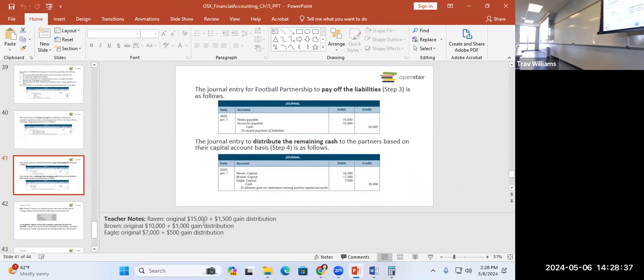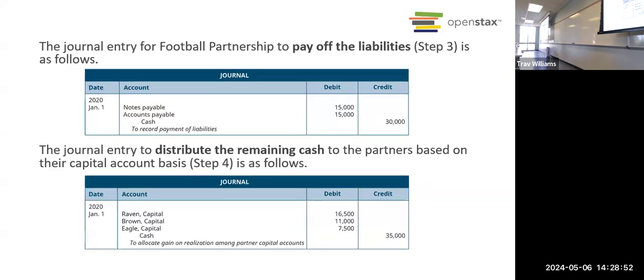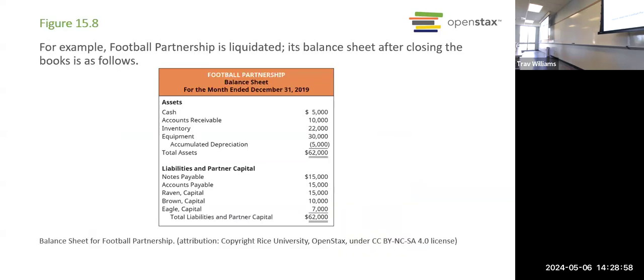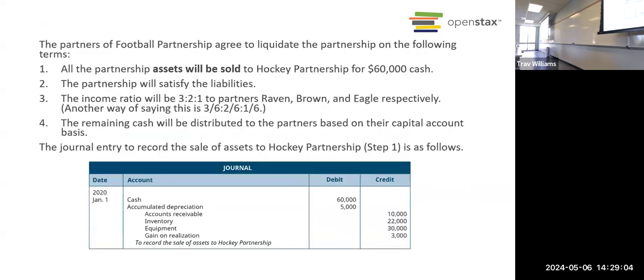So Raven had a $15,000 split plus the $1,500 gain. Brown had 10,000 plus a $1,000 gain, and Eagle had 7,000 plus a $500 gain. So that's where these totals come from here. I don't think we saw where those original splits were.